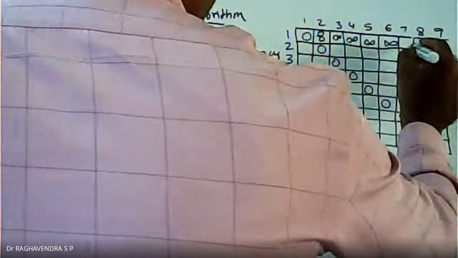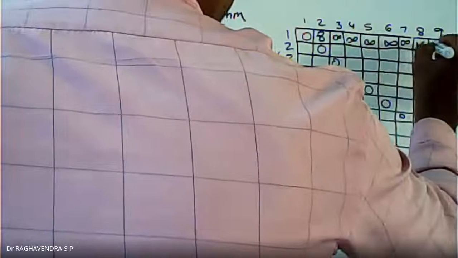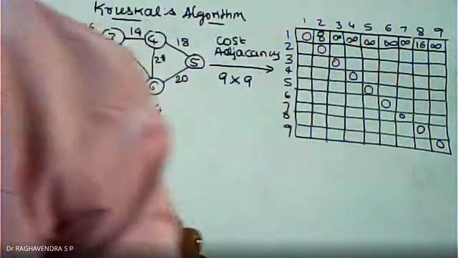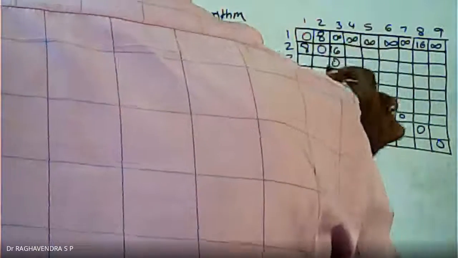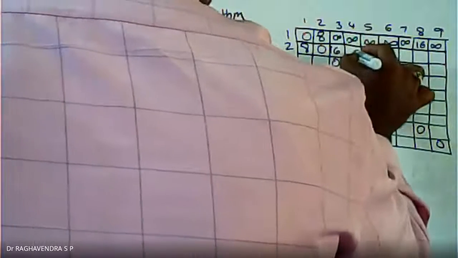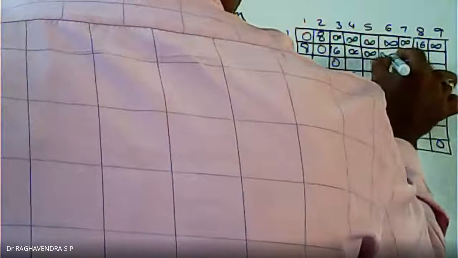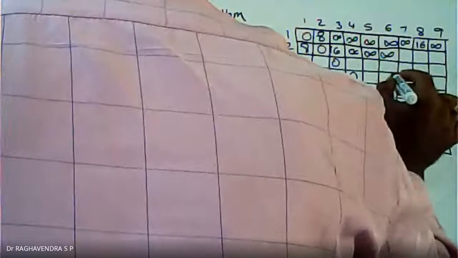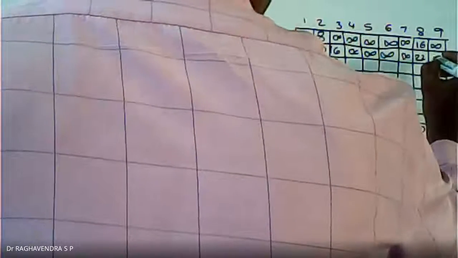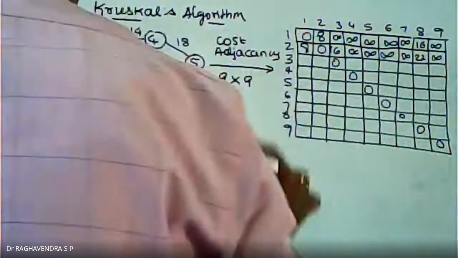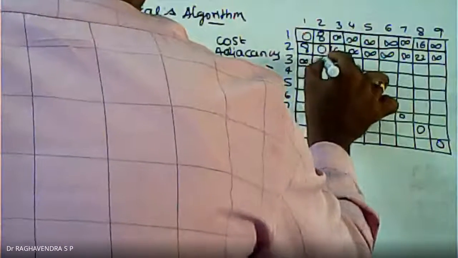Next we have 16, infinity. The second row: 8, 0, 16, infinity, 2, infinity.